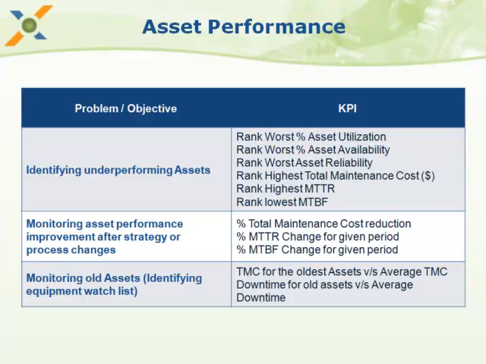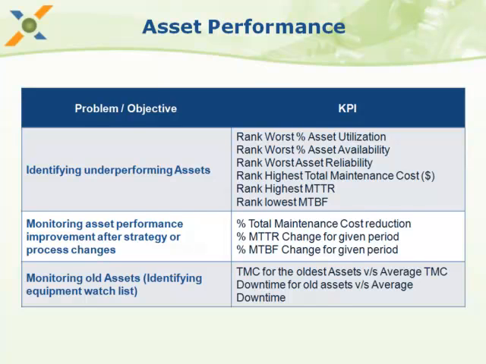We can identify what's the total maintenance cost and the average total maintenance cost for a particular class of equipment, or within that class of equipment, and then compare it and see whether the old assets are having any extraordinary cost or not. So some of these KPIs can really help us monitor the performance of certain assets.